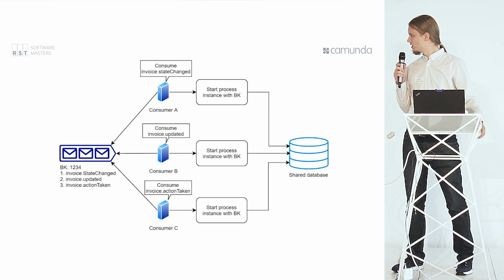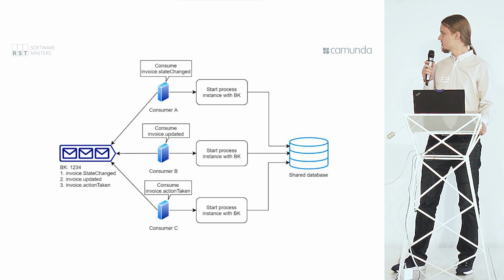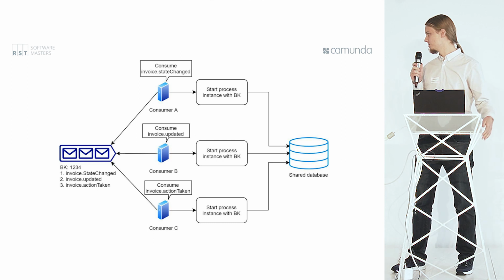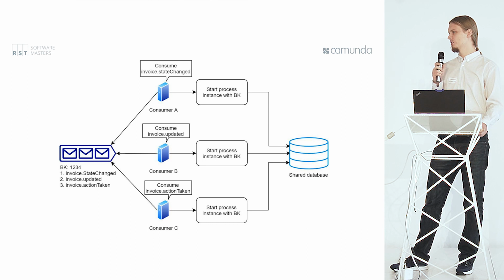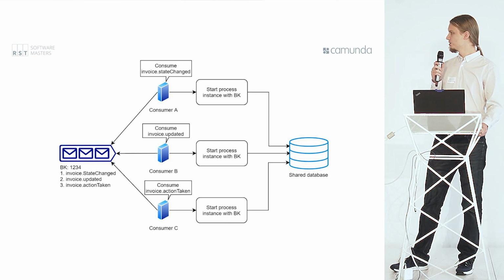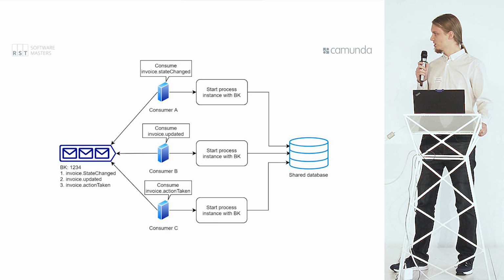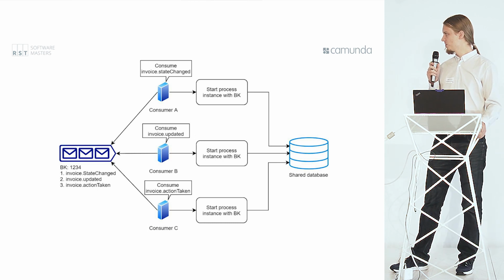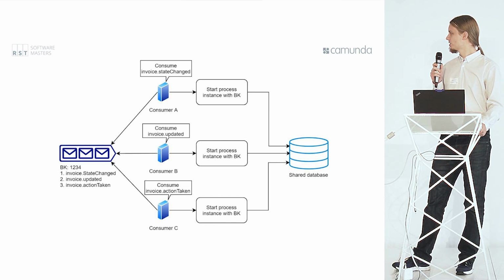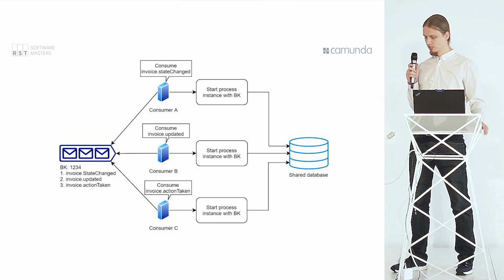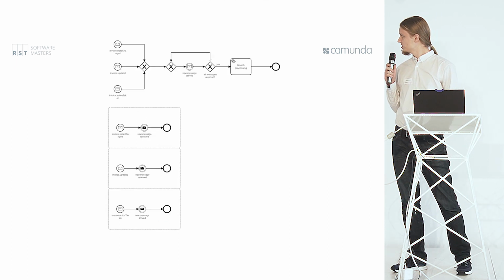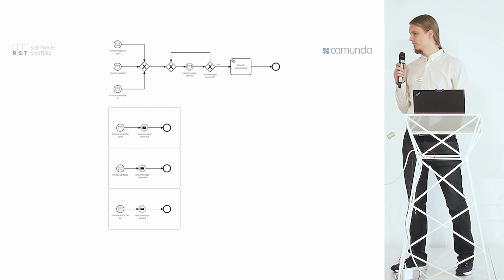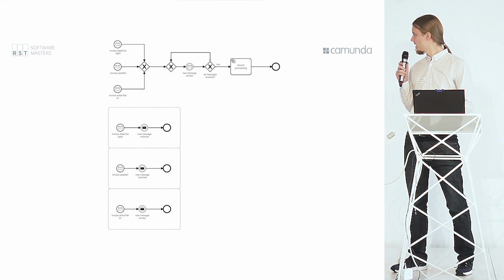architectural system, when we used Rabbit for synchronizing and message queuing, it turned out that if we deploy many consumers with the Camunda engine to consume these messages, if the messages come in very short intervals of time, it might happen that our consumers consume messages independently, which would result, in the case of the process which I showed you before, in starting multiple instances of this for the same business key.